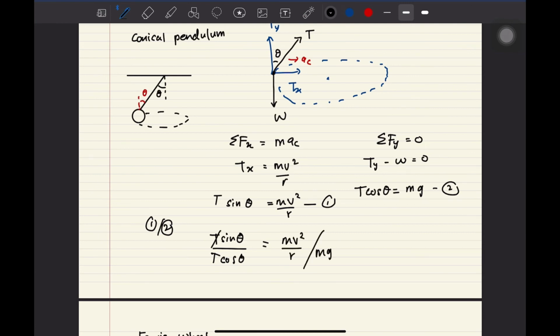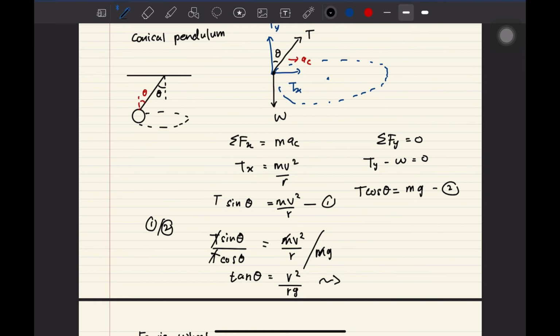Sine over cos is equal to tangent theta. So tangent theta equals v squared over r divided by g.